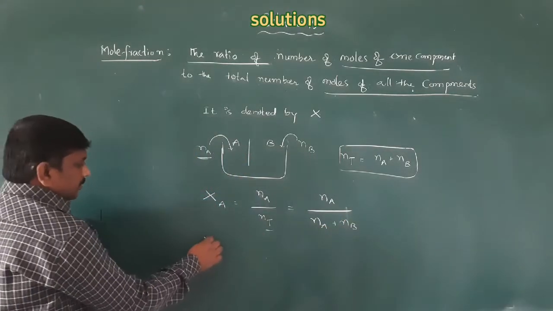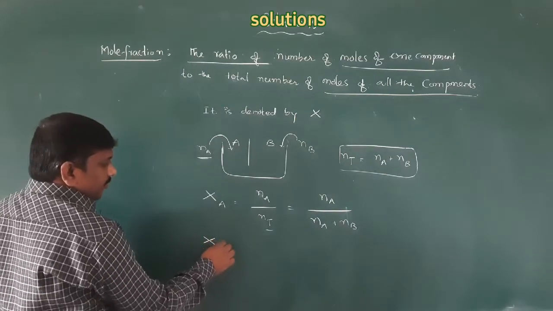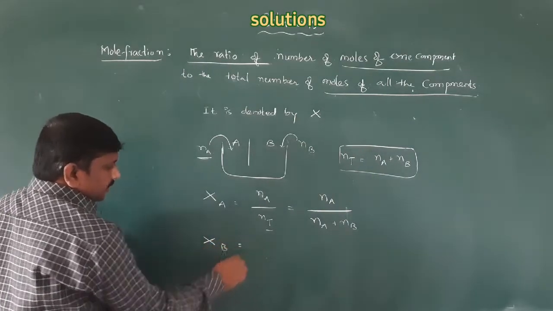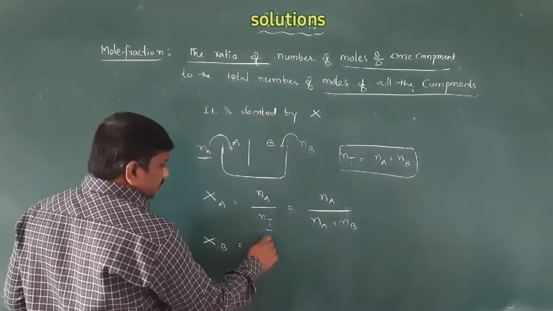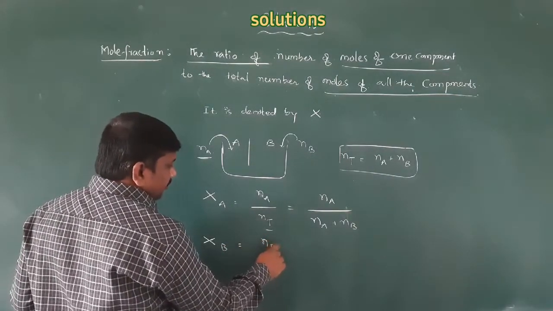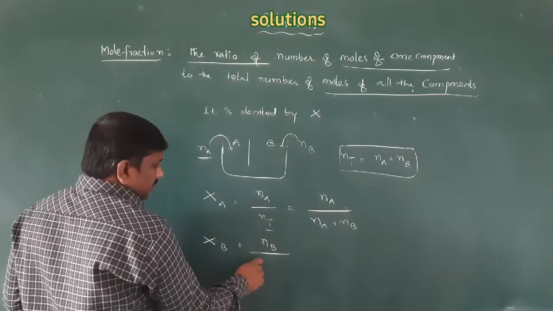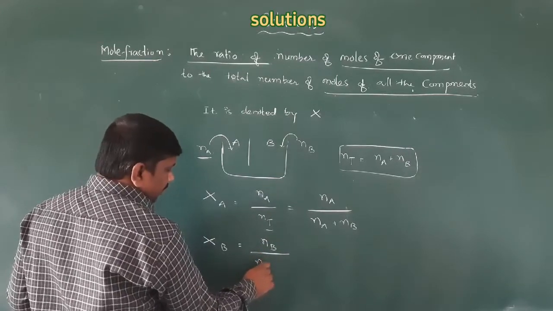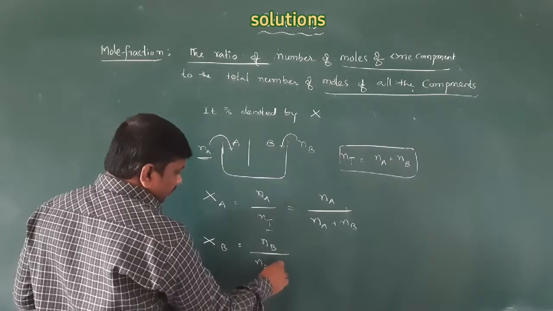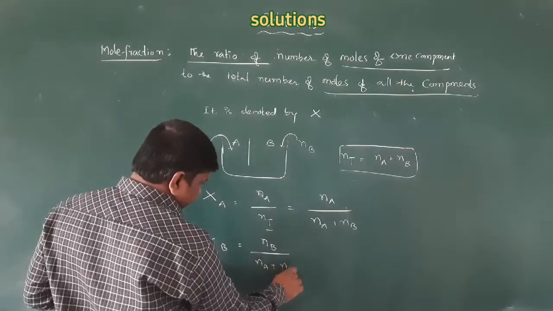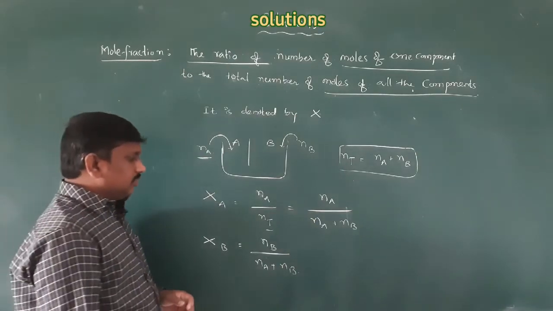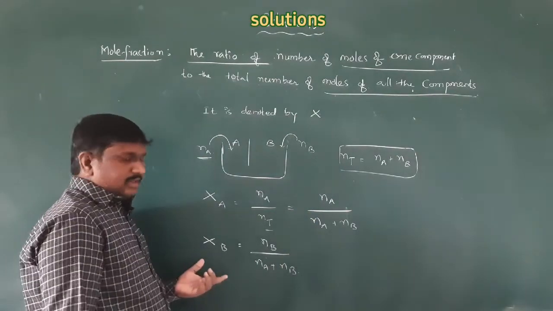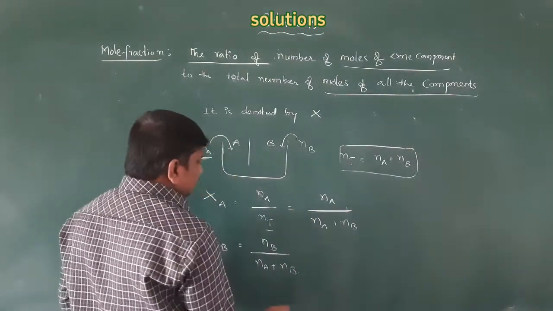Similarly, the mole fraction of B, the next component, is equal to the number of moles of B upon the total number of moles of the solution. So this is the mole fraction definition and the mathematical equation.